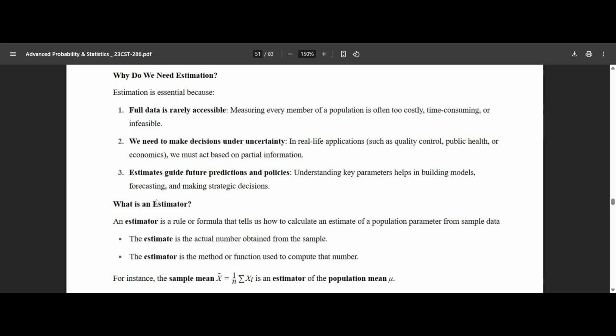Now, coming to what is an estimator. An estimator is a rule or formula that tells us how to calculate an estimate of a population parameter from sample data. An estimator can be anything: mean, mode, etc. An estimate is the actual number obtained from the sample, and an estimator is the method to compute that number.